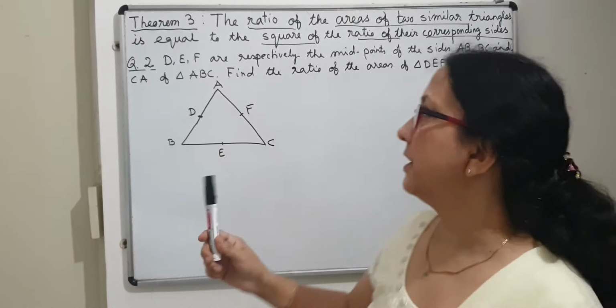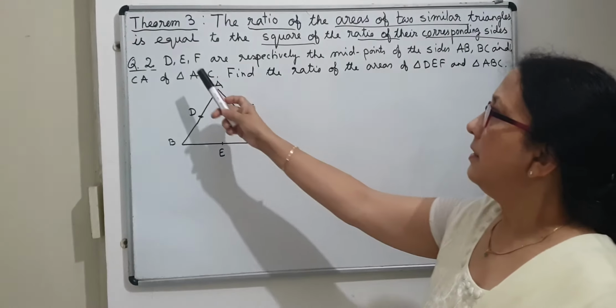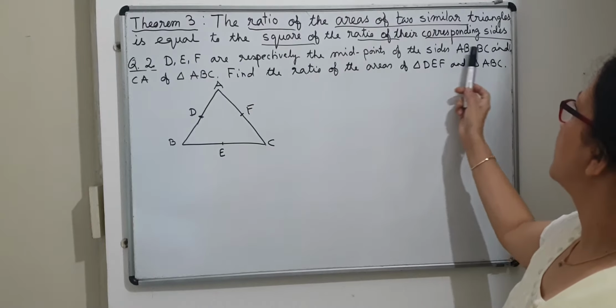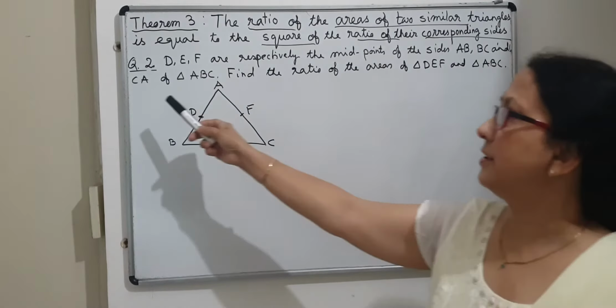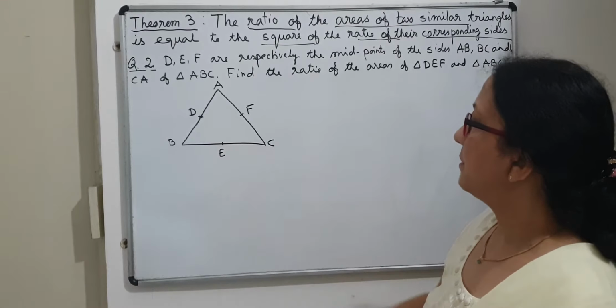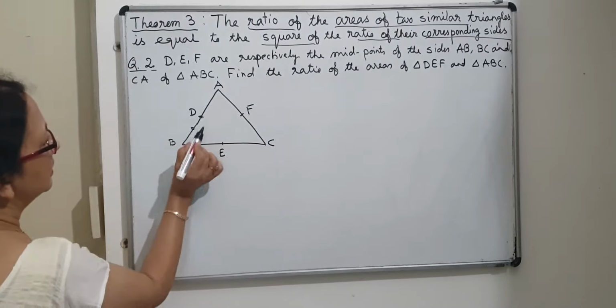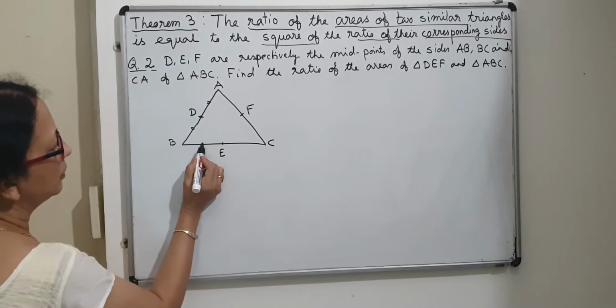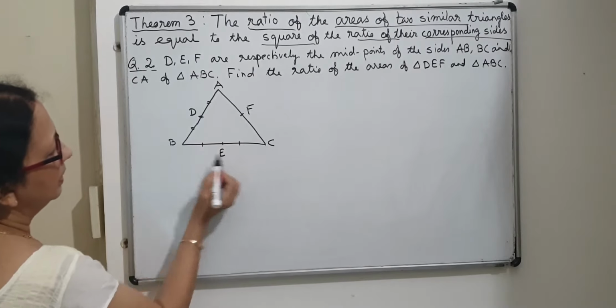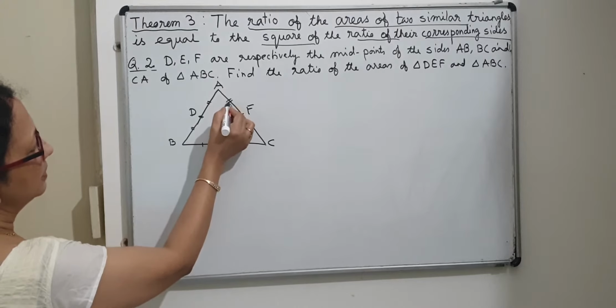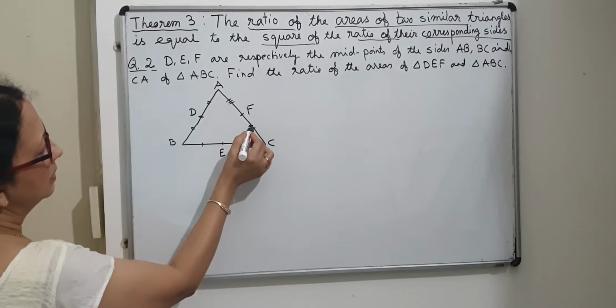Second question that I have taken now. D, E, F are respectively the midpoints of the sides AB, BC and CA of the triangle ABC. That means, as I have shown you, D is the midpoint of AB, so this side is equal to this side. E is the midpoint of BC, so BE is equal to EC, and here F is the midpoint of CA.